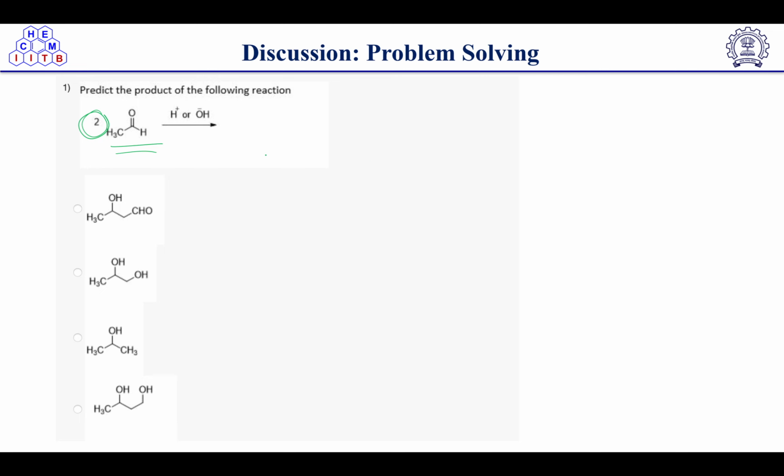So here we have an aldehyde, so I will write the mechanism here. A proton abstraction will take place from here. Because in today's class we are talking about base catalyzed reactions, I will give the mechanism of the base catalyzed reaction here. It can occur in acidic condition as well, but we are going to discuss the base catalyzed.